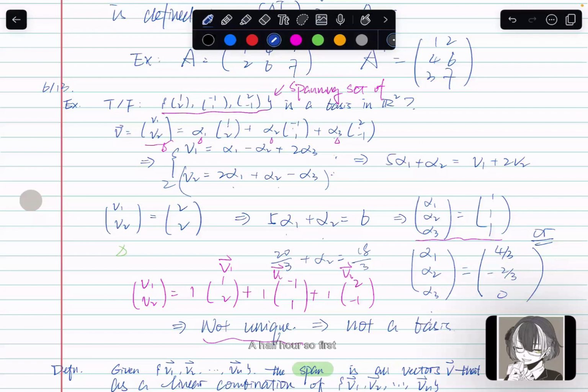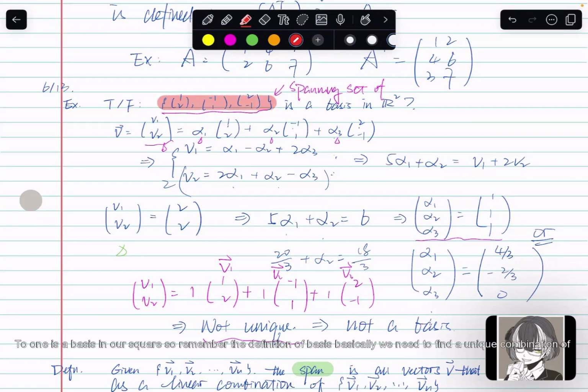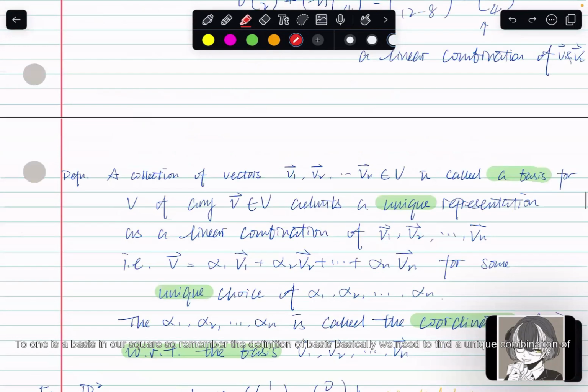So first, as a review, it's a true or false question. If a set of the given vectors (1, 2), (-1, 1), (2, -1) is a basis in R squared, remember the definition of basis.